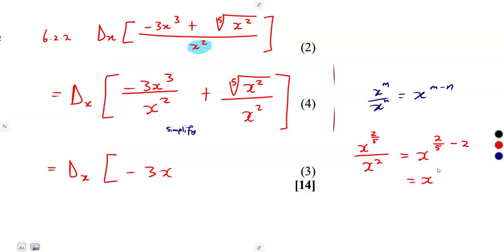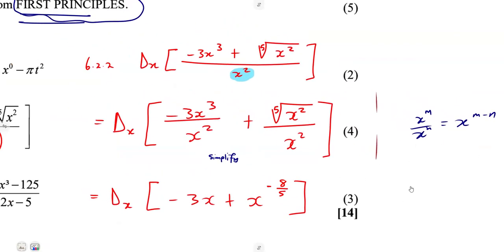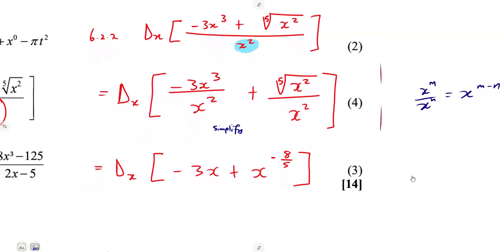So that's x to the exponent of negative 8 over 5. So that's what you're going to have on this part simplified, plus x to the exponent of negative 8 over 5, like this.